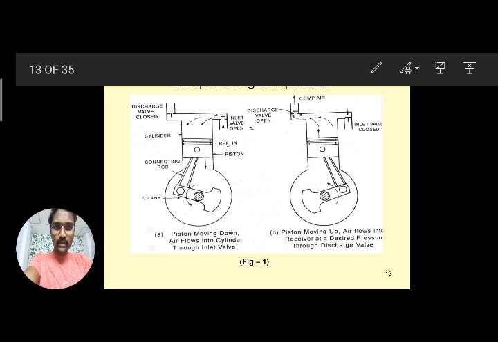Whenever the electric motor shaft rotates, the crankshaft also rotates. So the main components are two valves, inlet and discharge, the cylinder, piston, connecting rod, crank, and crankshaft.